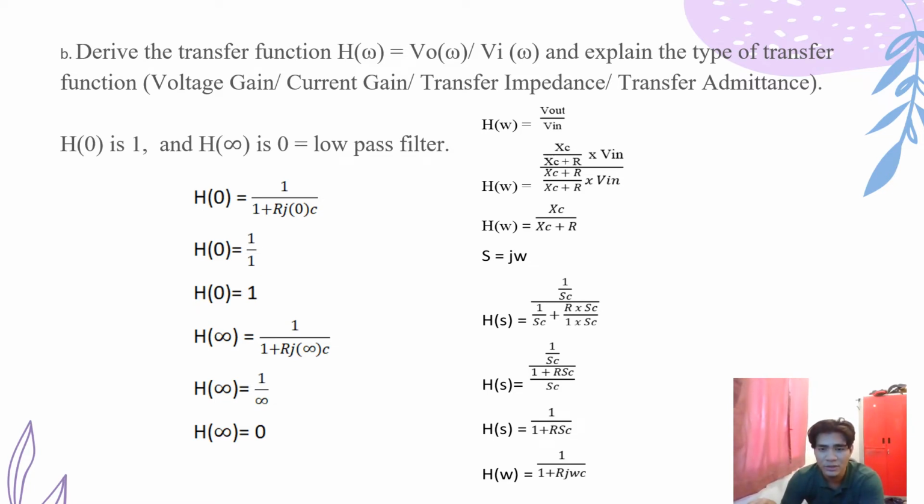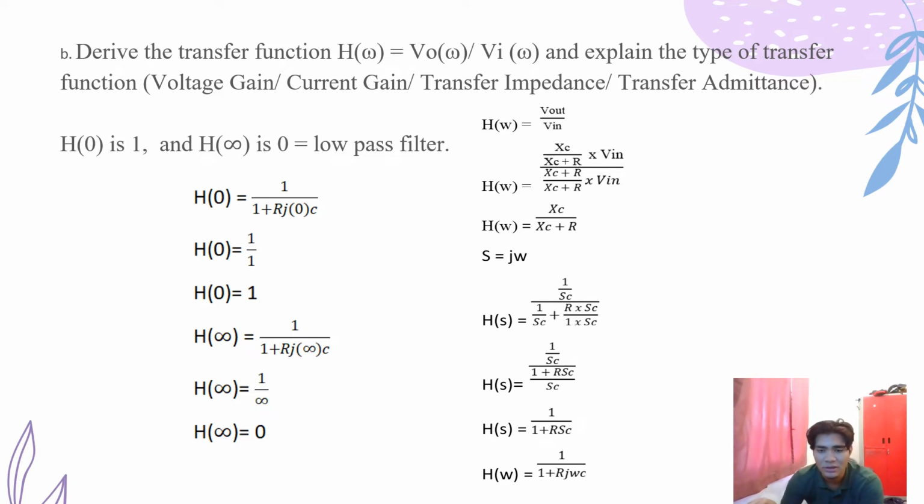So we will get H(s) equals 1 over SC, over 1 over SC plus R, multiplied by SC over SC. If we simplify again, we will get 1 over SC over 1 plus RSC over SC. The SC and SC we can cancel because it is divided and divided.